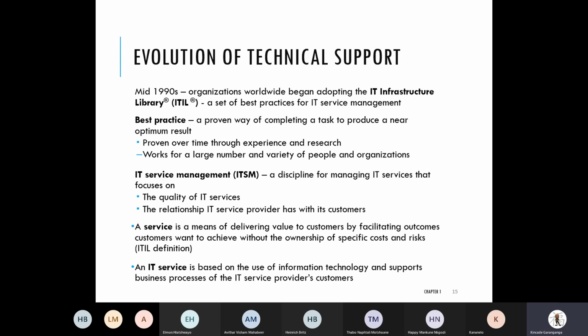And then you also have the ITSM, which focuses on the quality and the relationship between the provider and the customer.